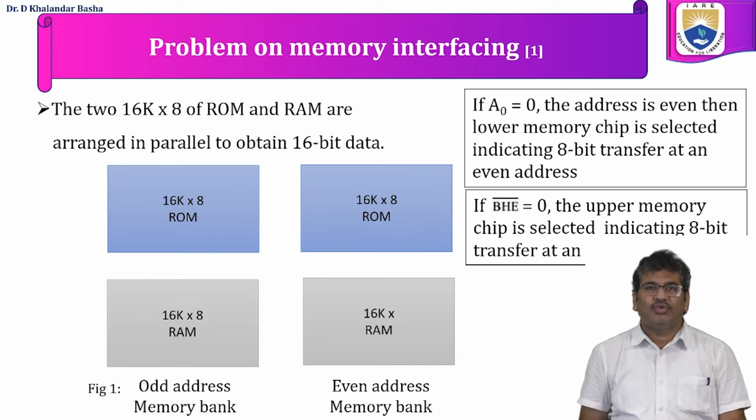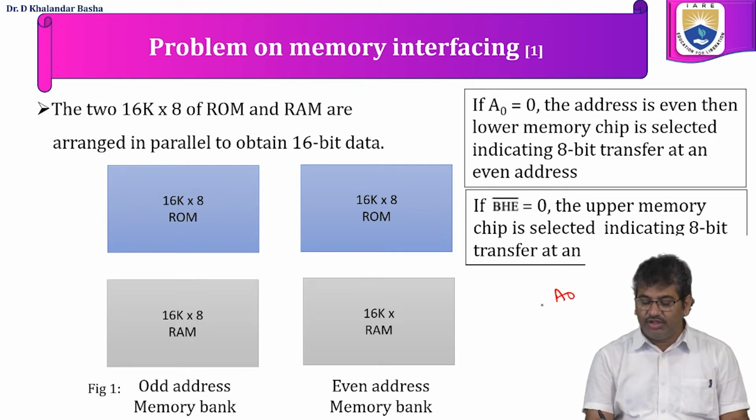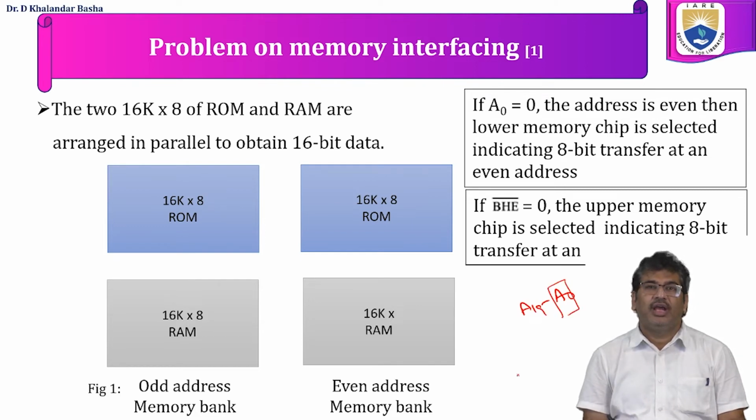If A0 is equivalent to 0, that is the LSB of the address lines A0 to A19, the LSB we are taking tells whether the address is in the odd address bank or the even address bank.